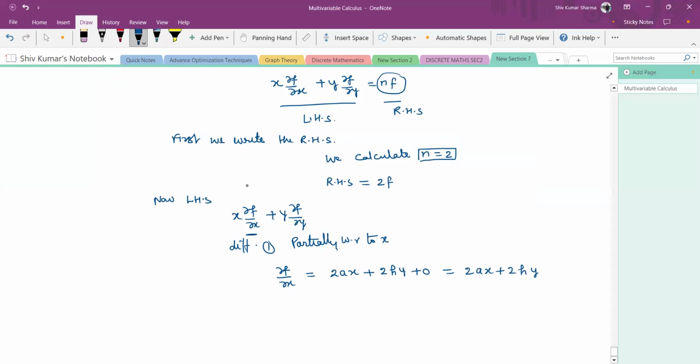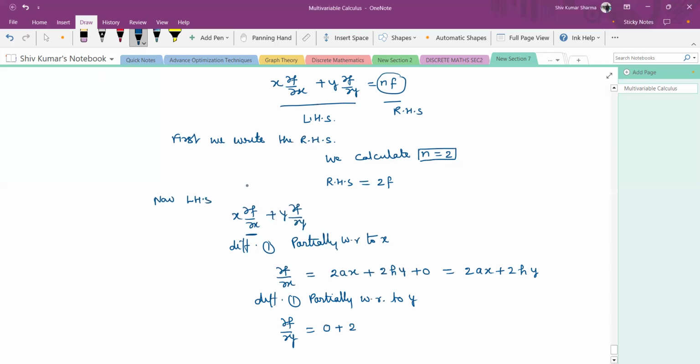Okay, now differentiate 1 partially with respect to y. When we differentiate equation 1 partially with respect to y, del f upon del y is equal to a x square. The first term doesn't have any term of y, so the derivative will be 0, purely treated as a constant.